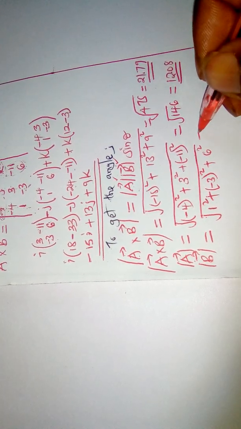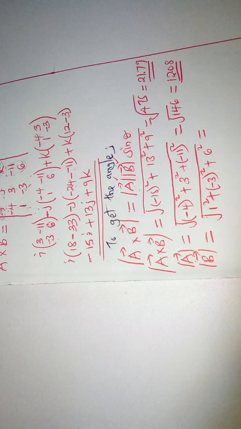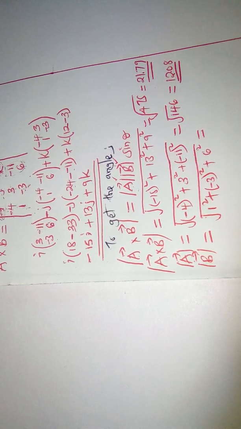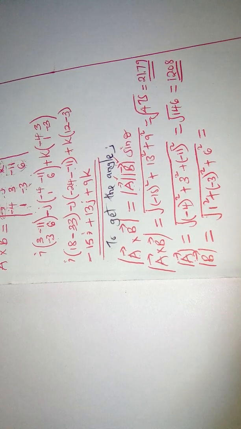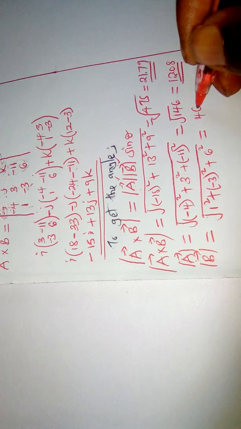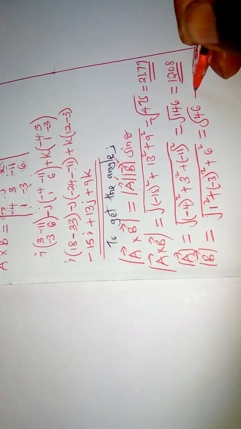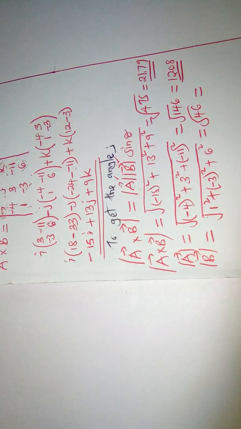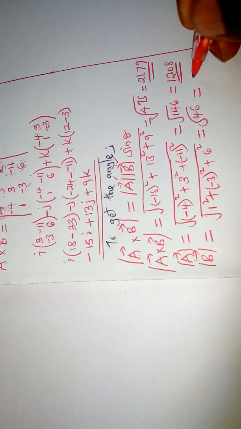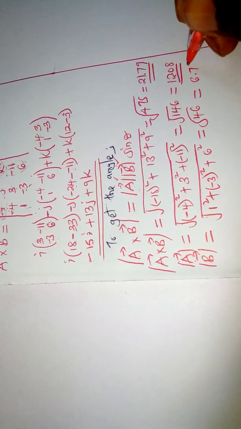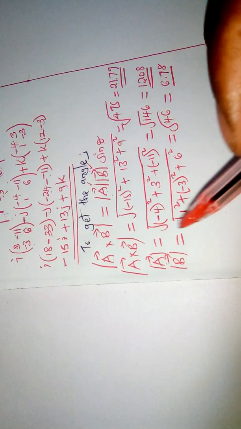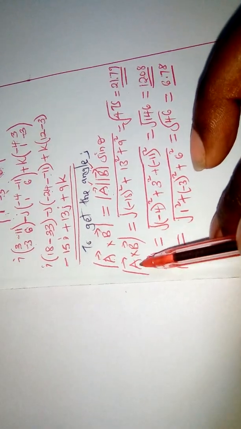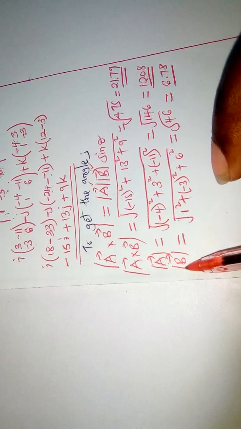Now 1 squared is just 1, plus negative 3 squared, that is 9, plus 6 squared, that is 36. So I'll end up with 46, and when I get the square root of 46, I'll end up with 6.78 as my magnitude.